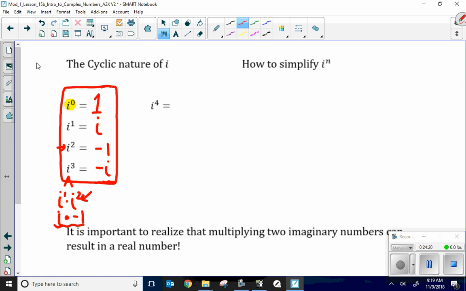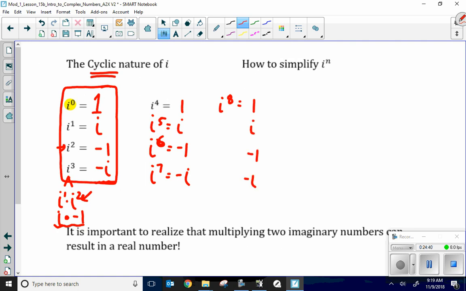Because what happens? Cyclic. It means it repeats. There's a cycle. i to the 4th is 1. i to the 5th is i. i to the 6th is negative 1. i to the 7th is negative i. If I were to go to i to the 8th, guess what it would be? 1. Then i, then negative 1, then negative i.